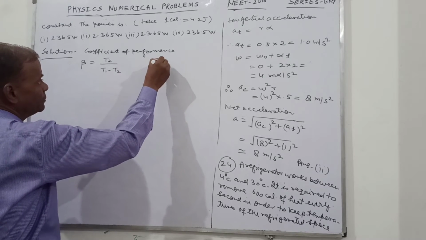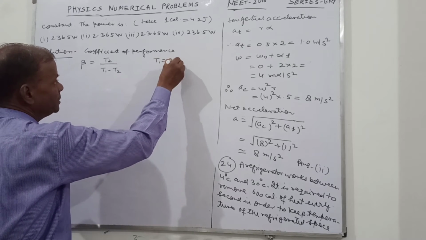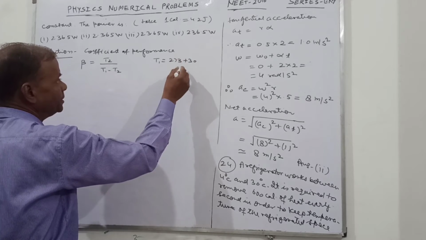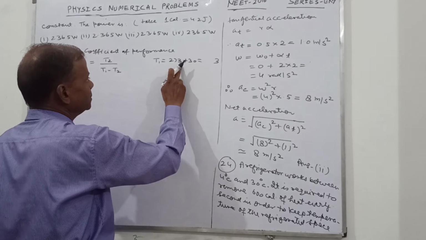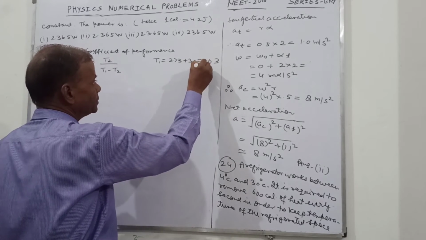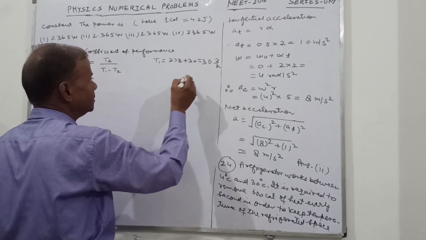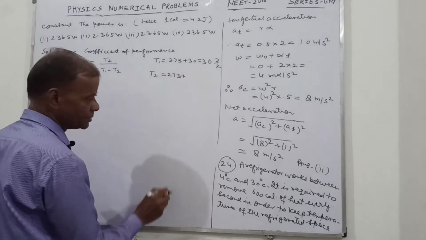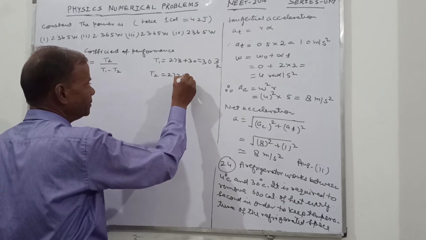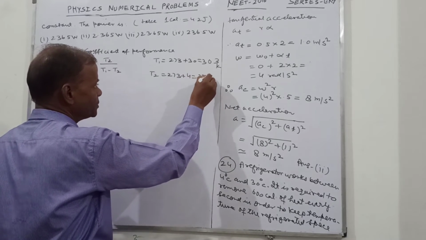So here this T1 is given to be 273 plus 30, so this is 303 K. And T2 is 273 plus 4 degree, so 277 K.